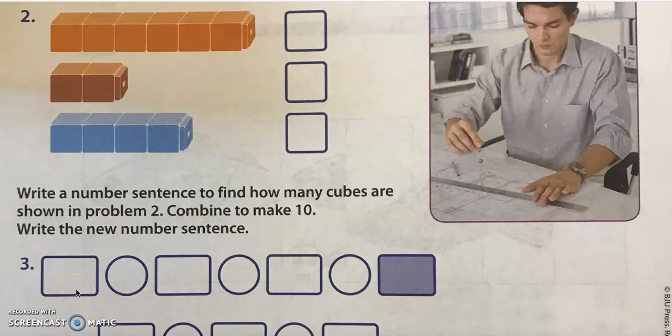And it's going to be an addition sentence because we want to see how many cubes there are total. So in the rectangle, you'll write down the number of the cubes. And in the circle, we would need an addition sign, right? Plus.